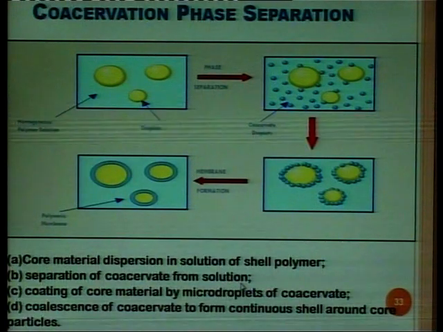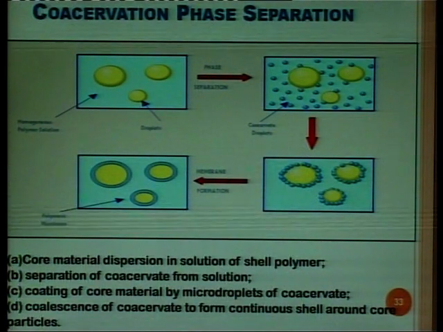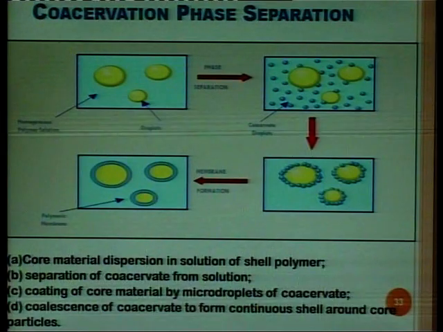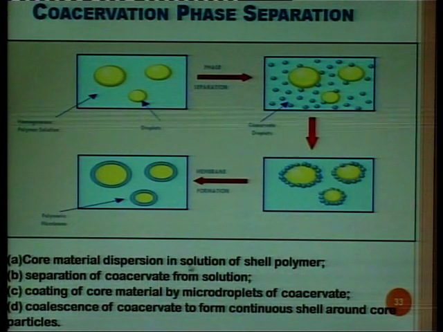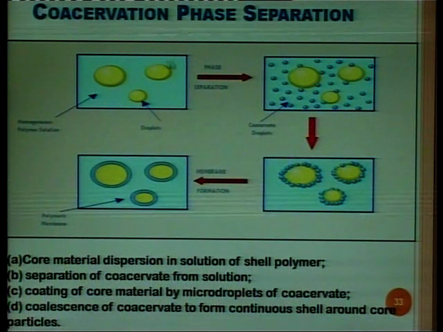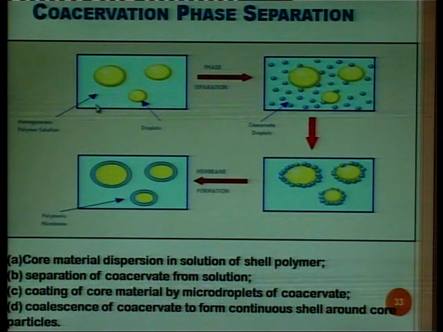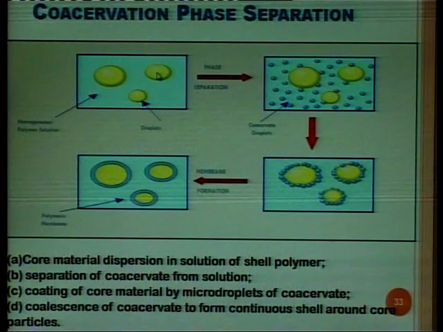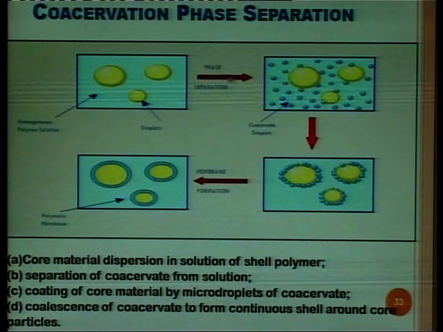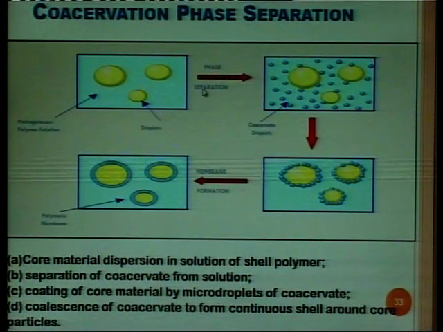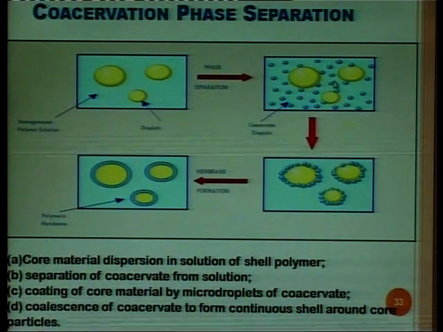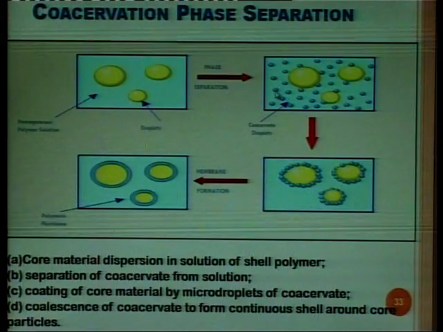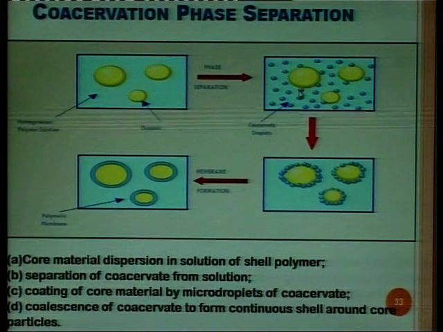This diagram shows the coacervation phase separation. This is the core material dispersion in a solution of shell polymer. Then this is phase separation, where you separate the coacervate from the solution.